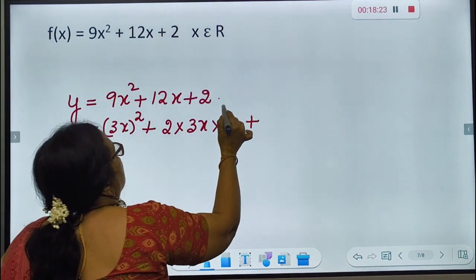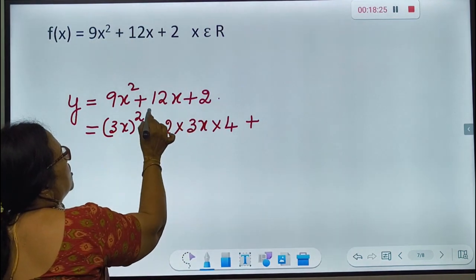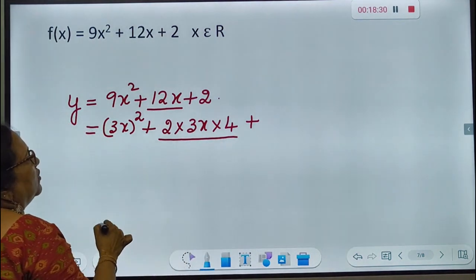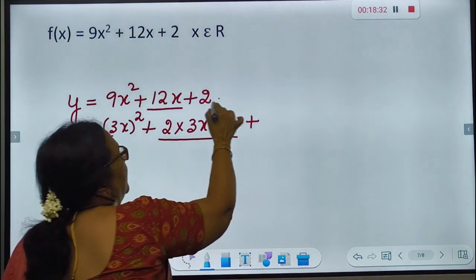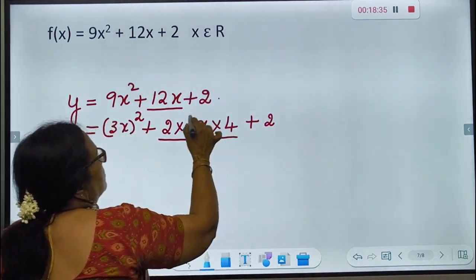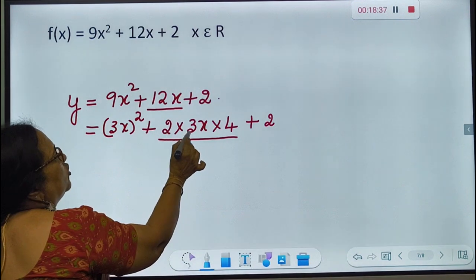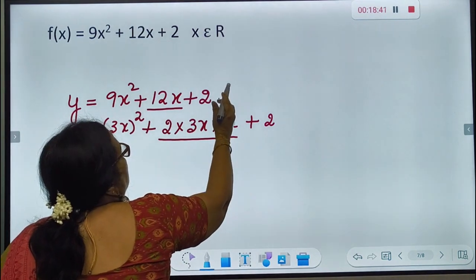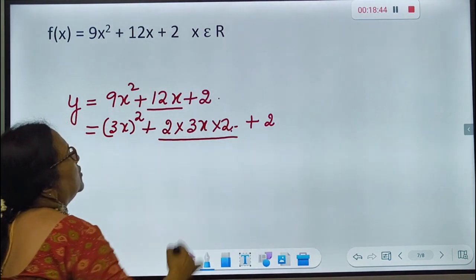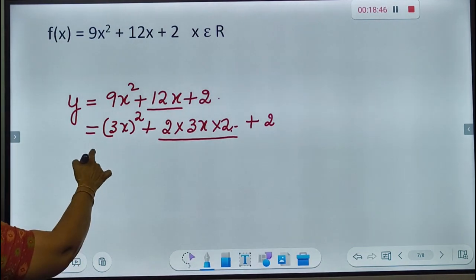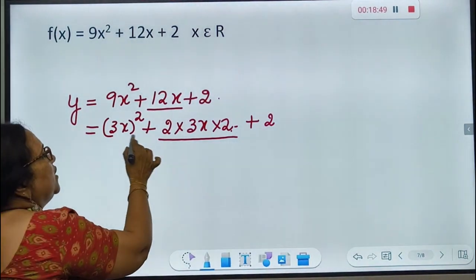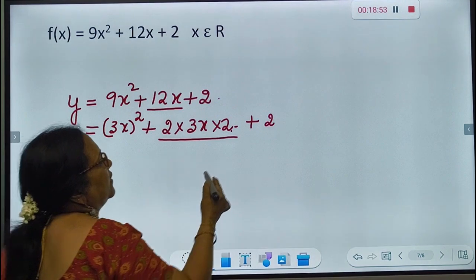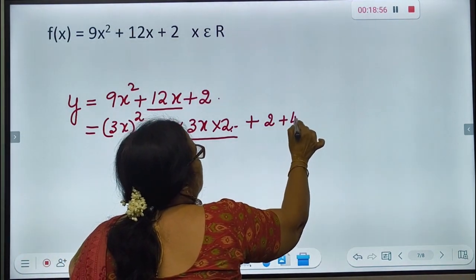So are you able to follow this? 12x I have written as 2 into 3x into 2. So this is of the form a square plus 2ab, where a is 3x and b is 2. So b square I should add. So I should add 4 and subtract 4.